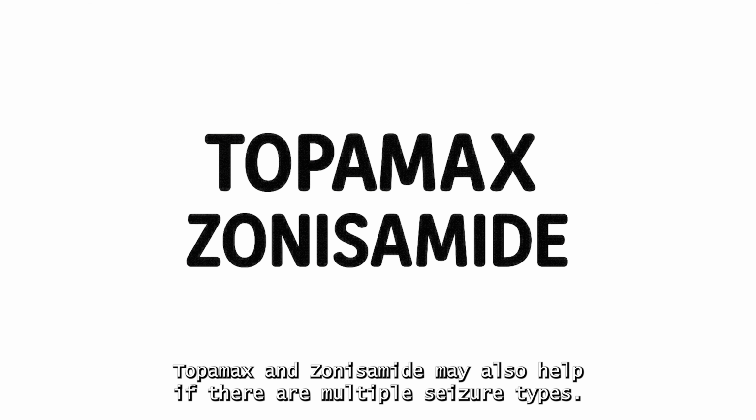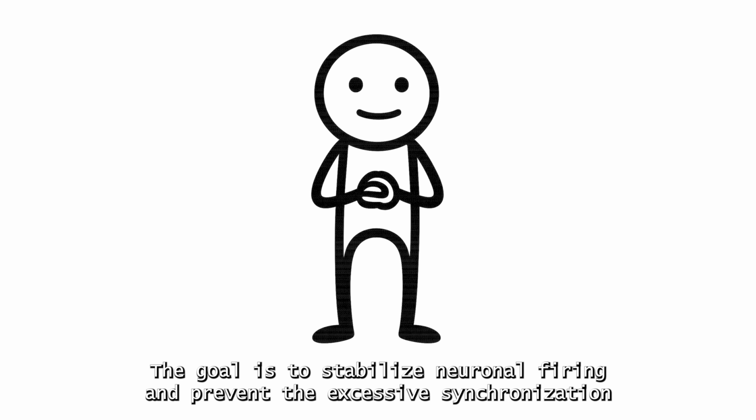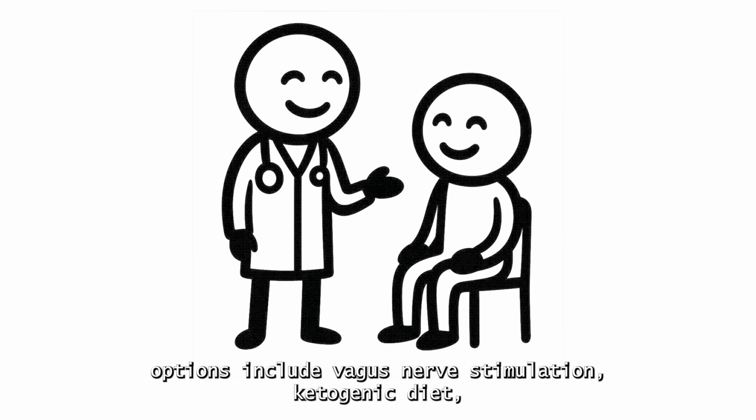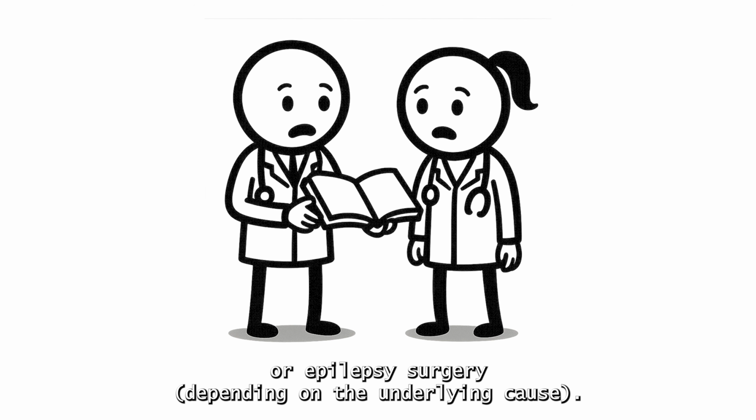Topamax and Zonisamide may also help if there are multiple seizure types. The goal is to stabilize neuronal firing and prevent the excessive synchronization that leads to seizures. In drug-resistant cases, options include vagus nerve stimulation, ketogenic diet, or epilepsy surgery, depending on the underlying cause.